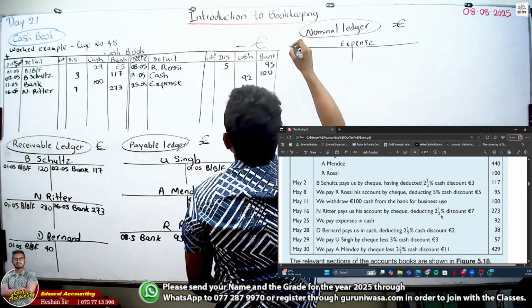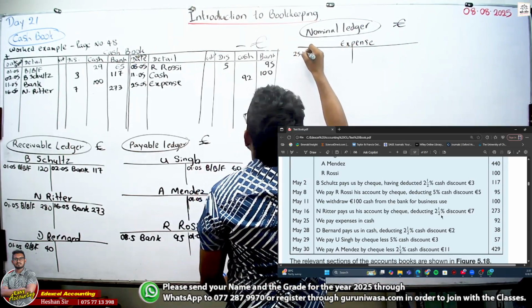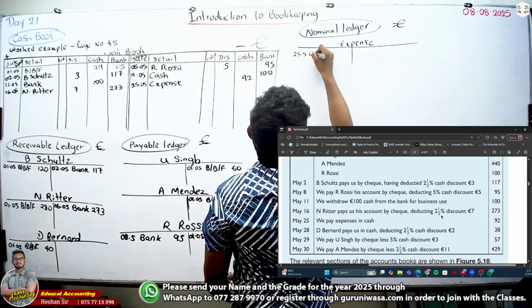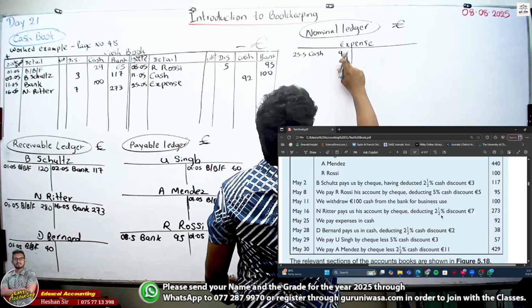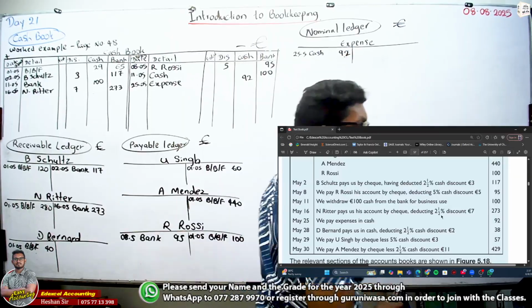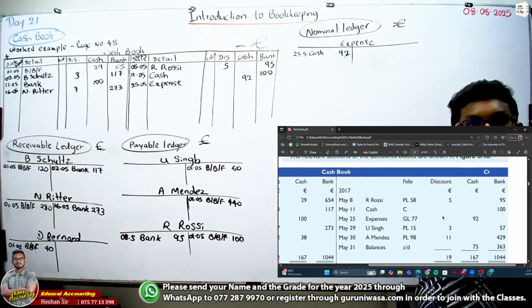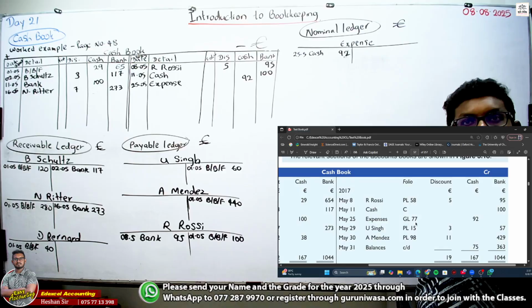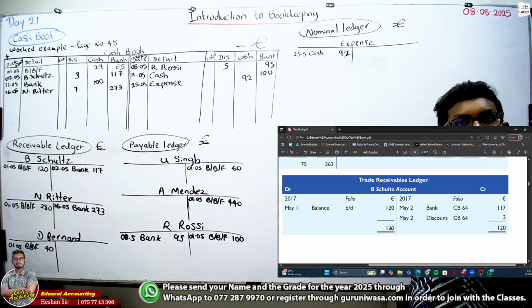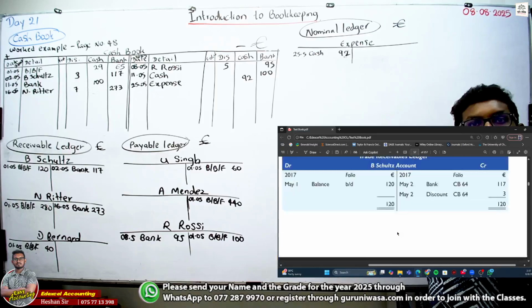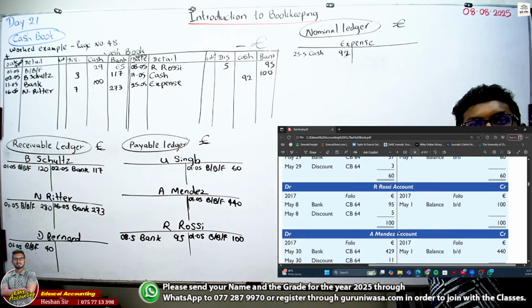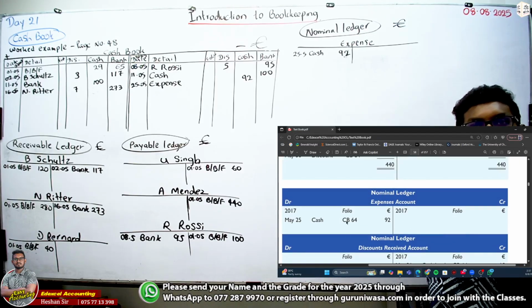Debit 25th of May, cash 92. You can see in the cash book, credit as general ledger, which means the nominal ledger. When it comes to the nominal ledger, you can see expense debit.